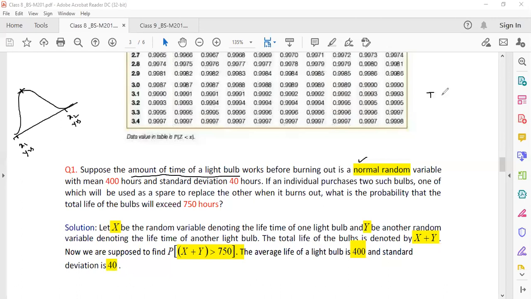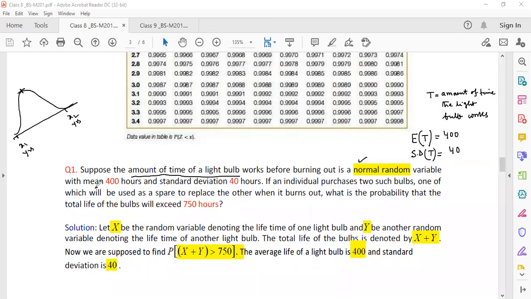Suppose T is the amount of time the light bulb works. In this type of situation, it is known that the expectation of capital T is equal to 400, and the standard deviation of capital T is equal to 40.